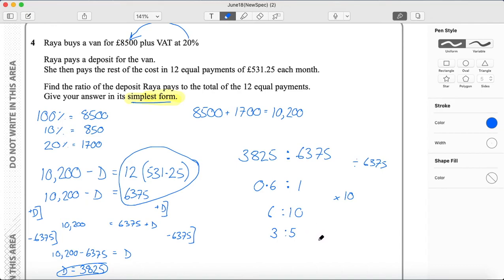I'll give you a second just to pause the video and have a think. And yes, it is. That was a trick question, because both of these numbers are both even. They're both odd, sorry. So they're not even. They can't be divided by 2. They're both prime numbers. They have no other factors other than themselves and 1. So yes, it is in its simplest form. So this is the answer.